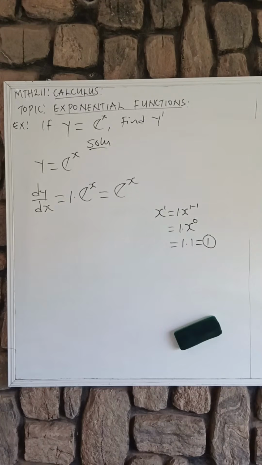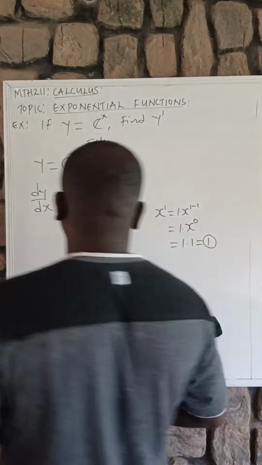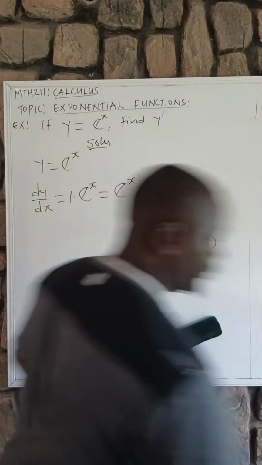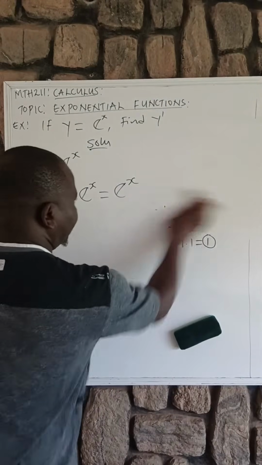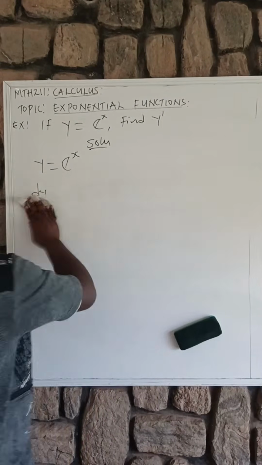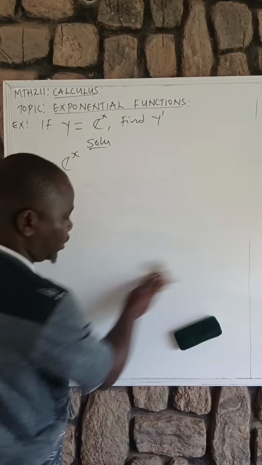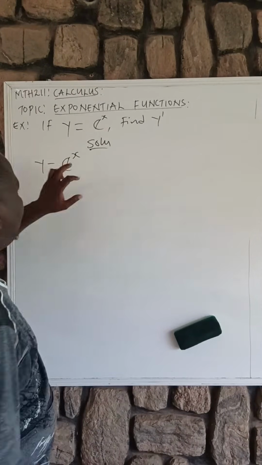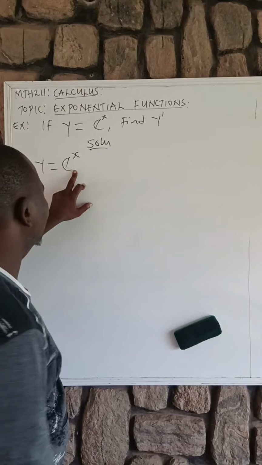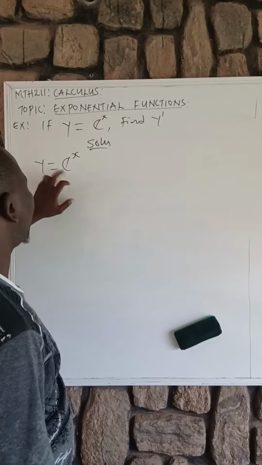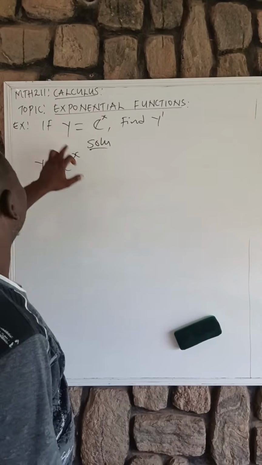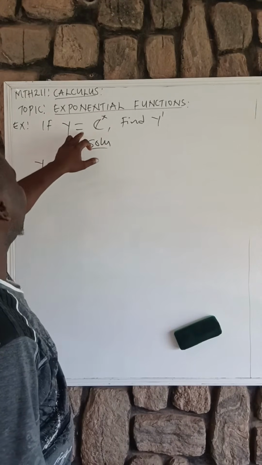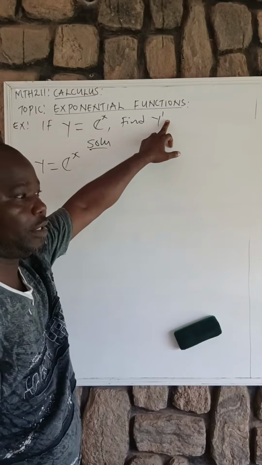Okay, let me take it again. Now, this is an exponential function, true or false. So now they said if y equals e^x, find y prime.